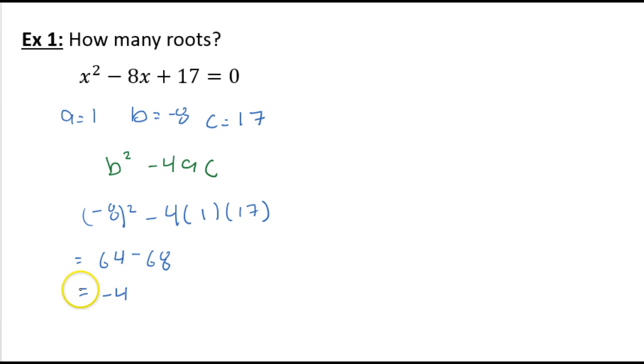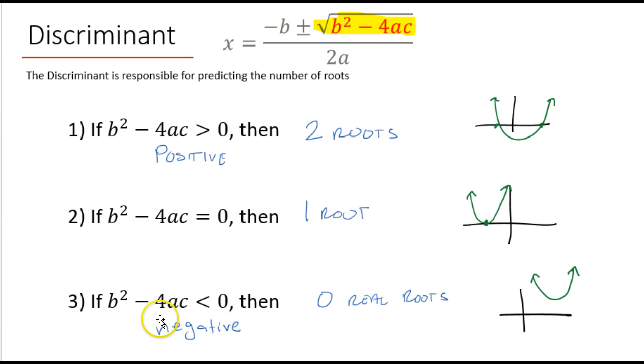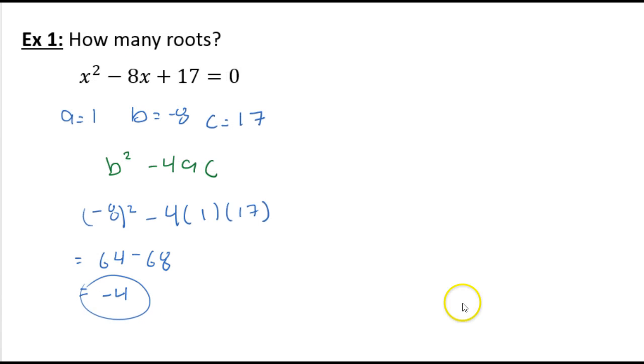So now my discriminant is -4, which means if we look back in our previous notes, anytime our discriminant is negative, we have 0 real roots. So to answer the how many roots question we have up here, our discriminant is -4, we're going to have 0 real roots, and we're done.